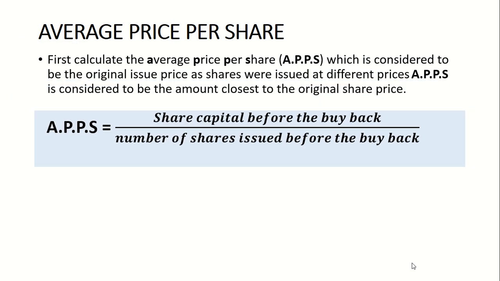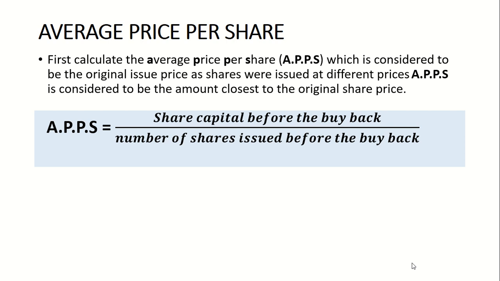Remember, shares are issued at different prices over the company's life. So it's hard for us to track what the cost price of each share was. The cost price of each share is simply your share price. We don't know what it was, so we're going to estimate it by calculating our average price per share.